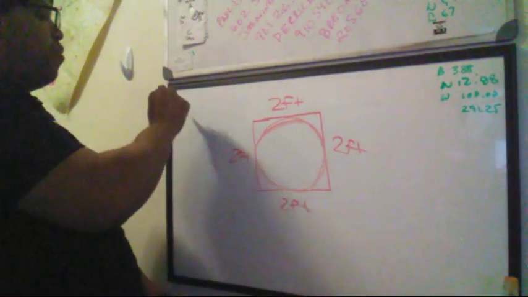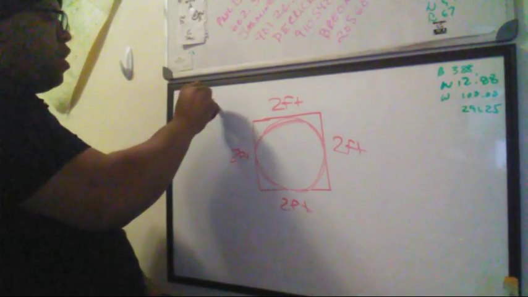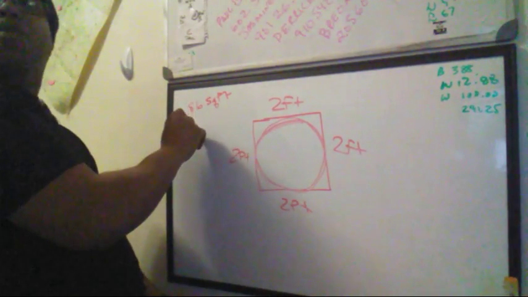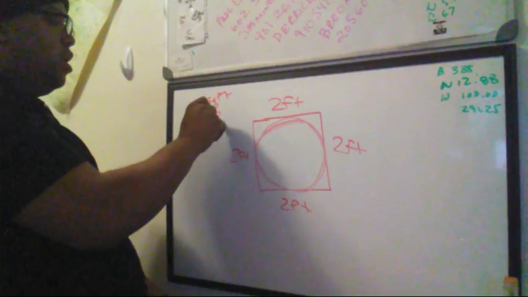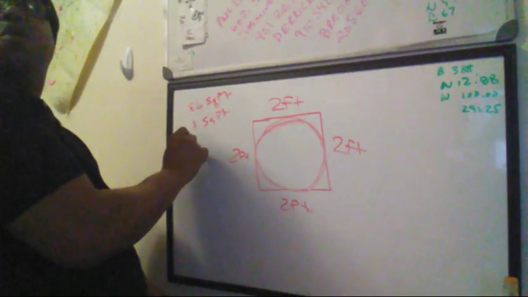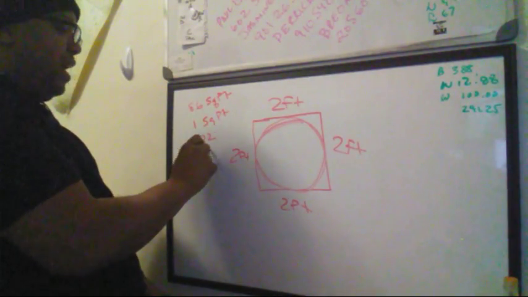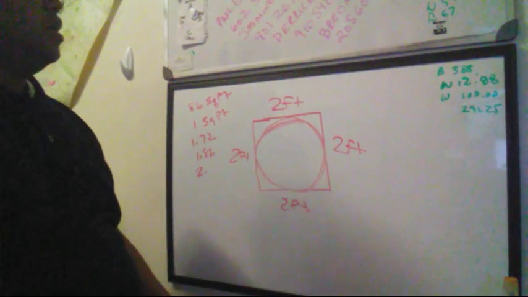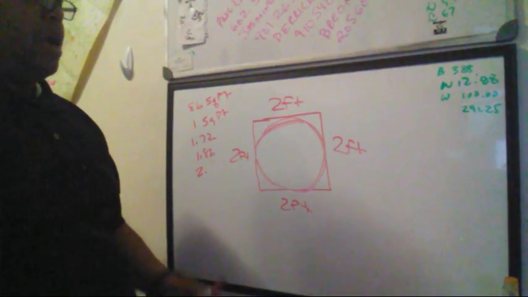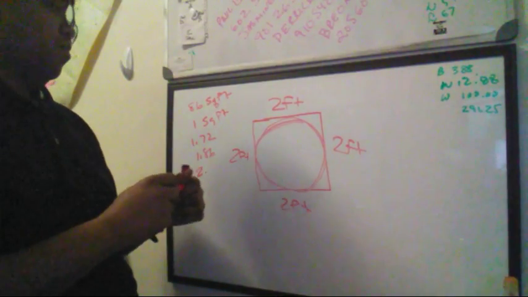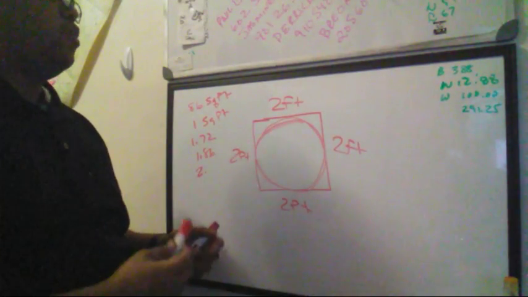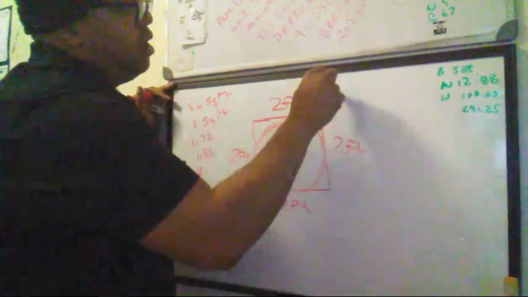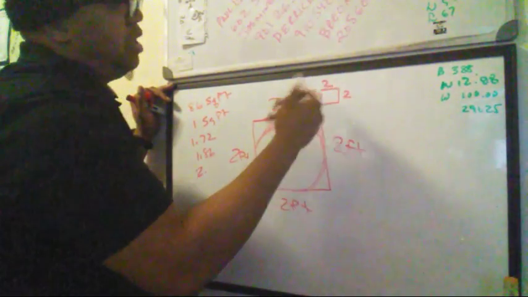So we have 0.86 square feet. Really? 1 square foot. And these are all square feet. 1.72, 1.86, and 2 square feet. Now, what I would do is, we got to look at this. We need to know the area of a square, which is length times height.